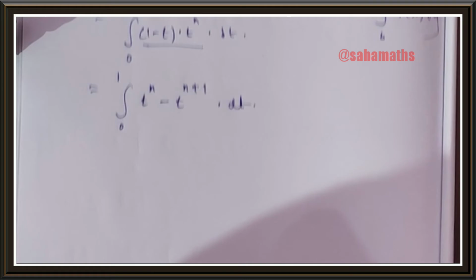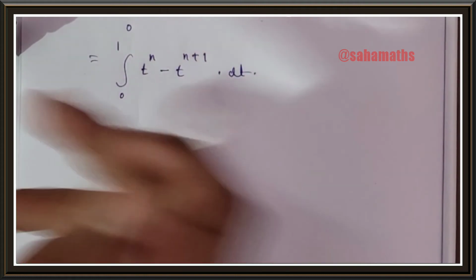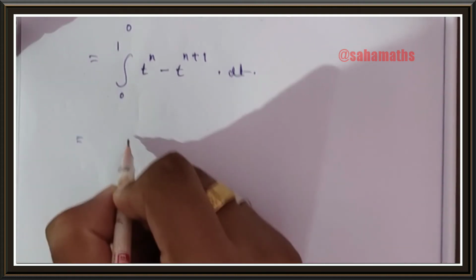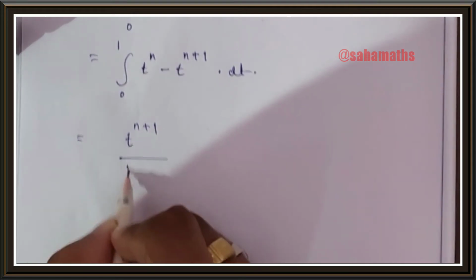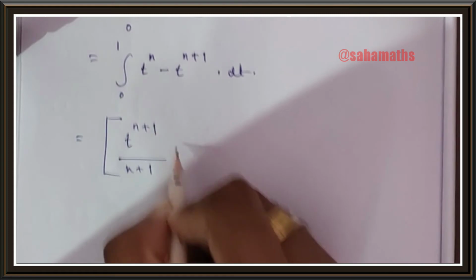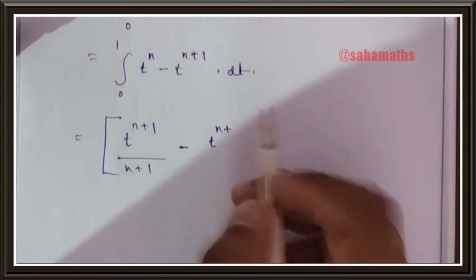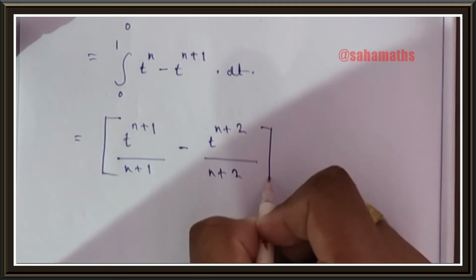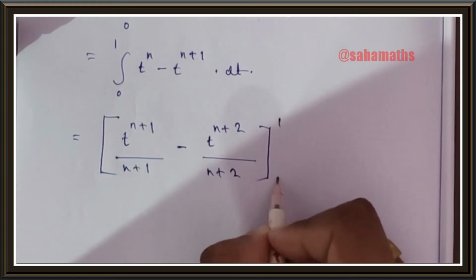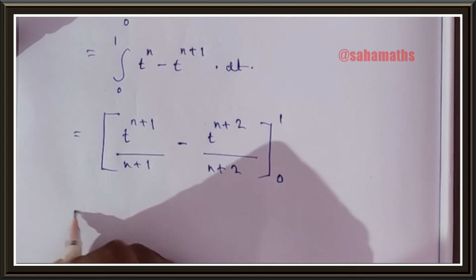After doing this, we integrate the parts: t to the power n plus 1 by n plus 1, minus t to the power n plus 1 plus 1, that is n plus 2, by n plus 2, and the limits are from 0 to 1. So the value becomes like this.